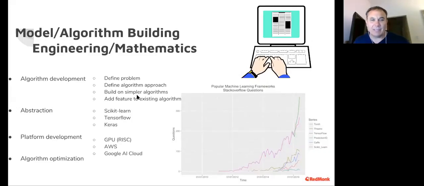That's where you're taking a very simple algorithm and making it more complicated. Or are we going to take an existing algorithm and add to it? That's another way an algorithm is developed.